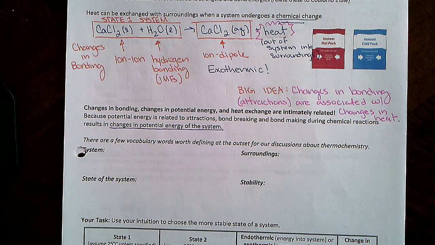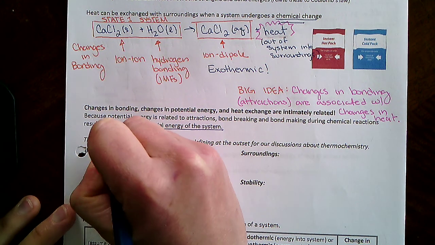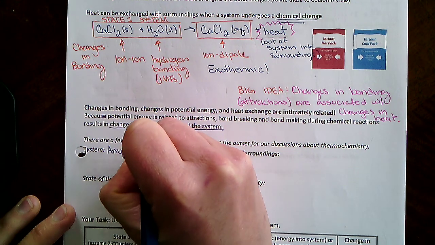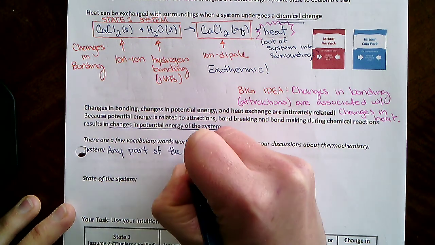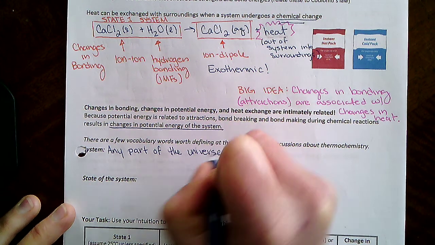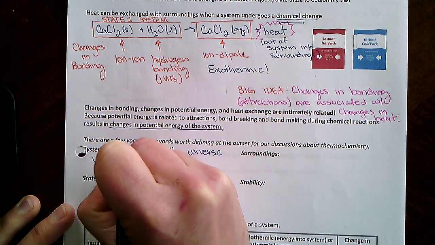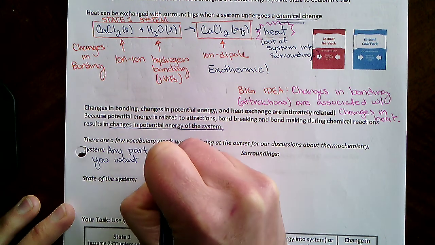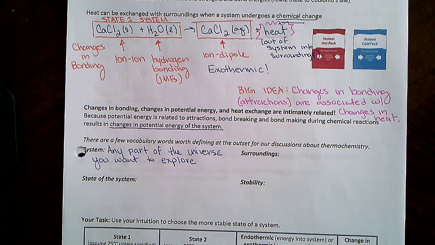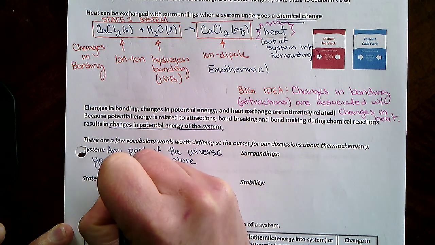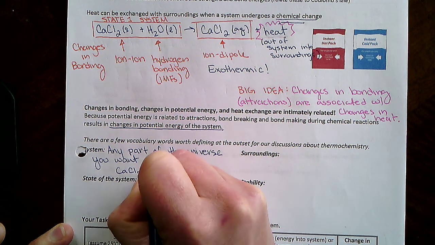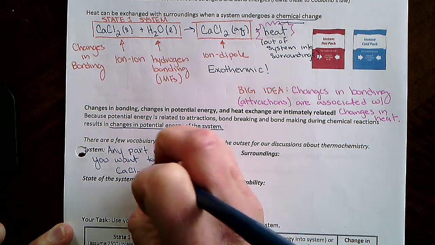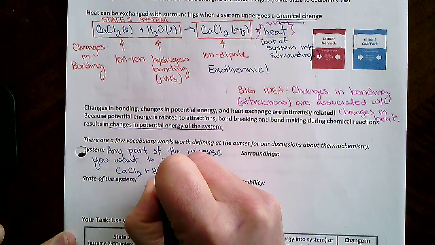Now, what do we mean by system? System is as you define it. It can be any part of the universe that you want to explore. In this case, it was the process of mixing calcium chloride and H2O.